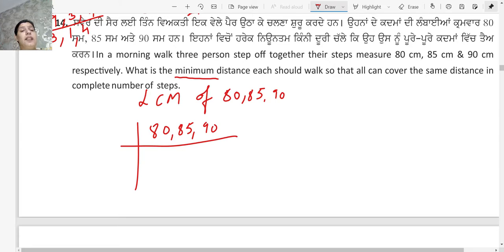But we need the distance to be covered in complete number of steps. जैसे हमारे पास complete number आ जाए, that is जो नंबर 80 पे भी डिविजिबल है, 85 पे भी और 90 पे भी है.